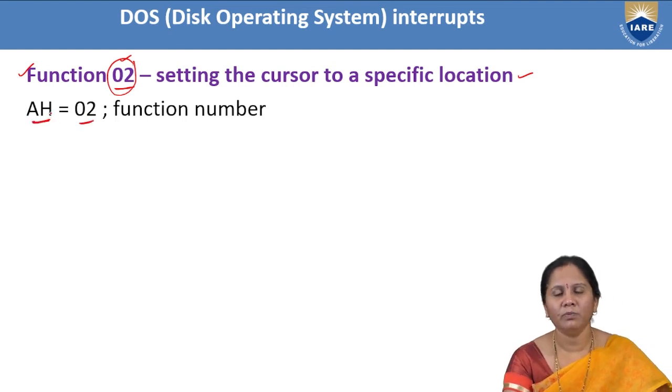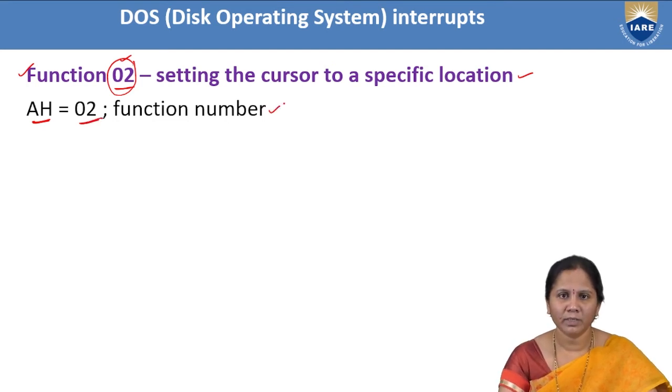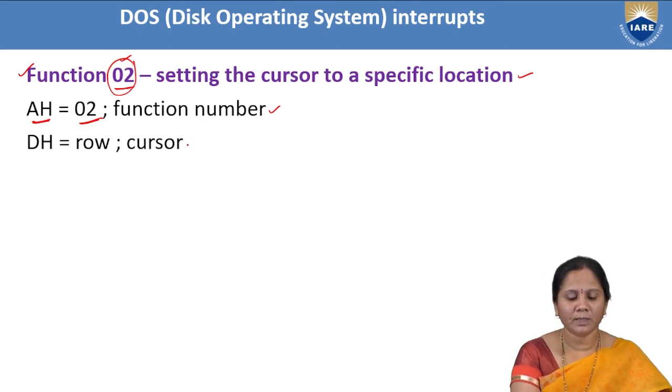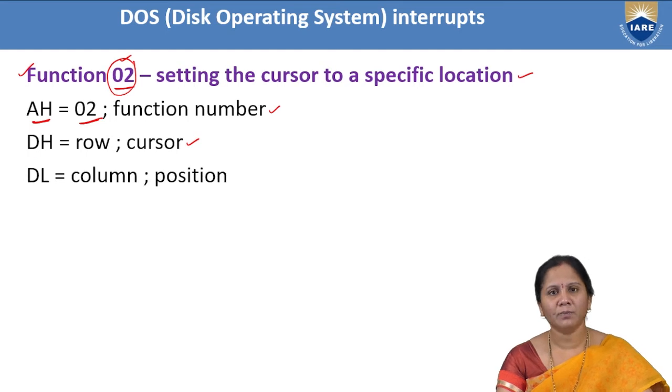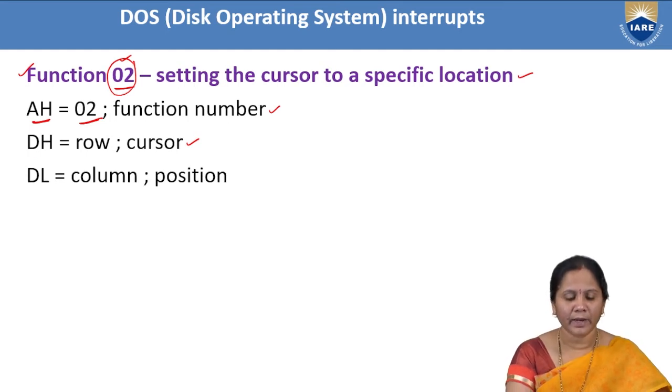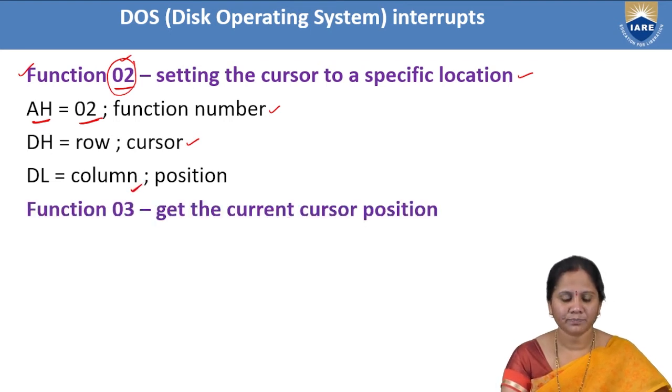What value we load into the AH register is very important in these DOS interrupts. If AH is 02, it represents the function number. The value of DH represents the row number, meaning the cursor will be placed there, and the value of DL represents the column position.